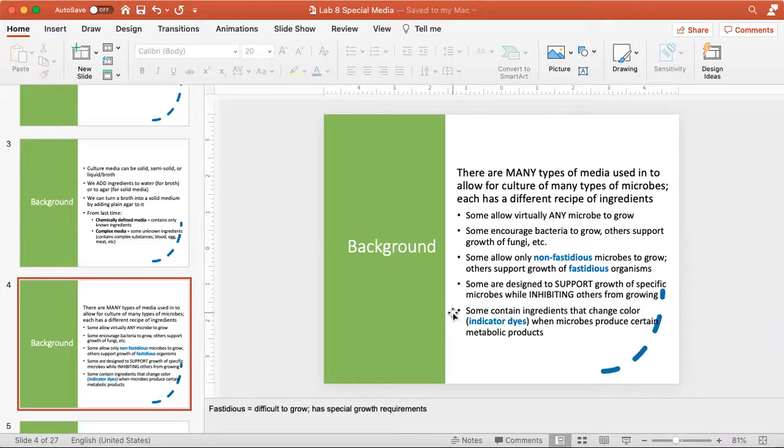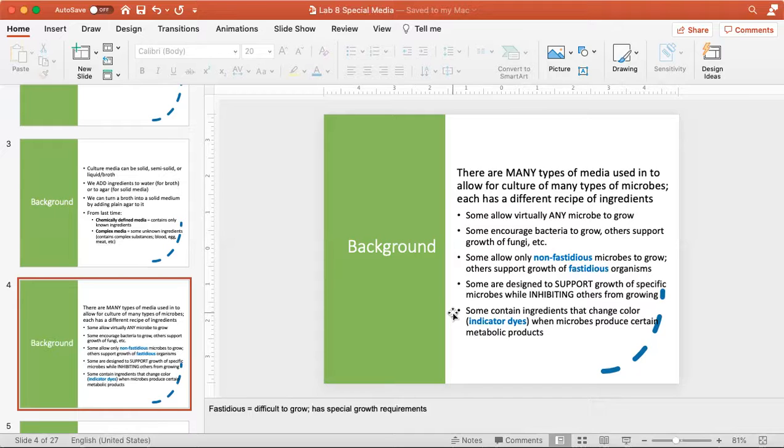Now, why would it be in a changing pH like that? Well, most of the time it's because this microbe, as it's been growing, is performing some metabolic pathway and secreting some kind of a product molecule. And that product molecule is changing the pH.